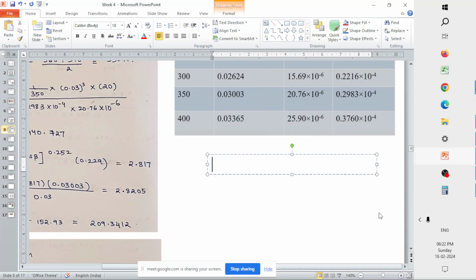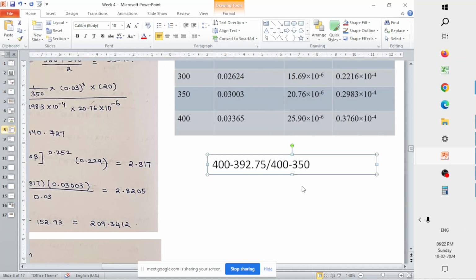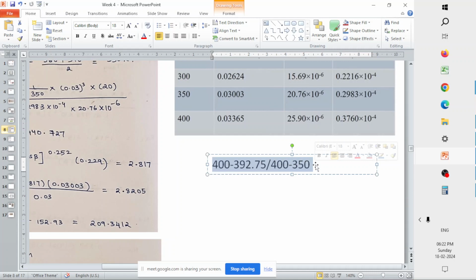So here we take 400 minus 392.75 divided by 400 minus 350. Let me just write this.